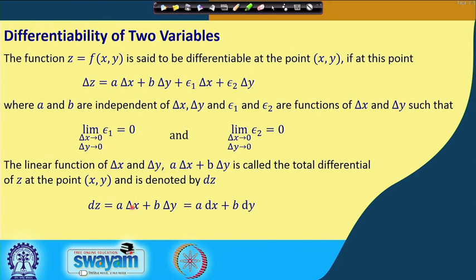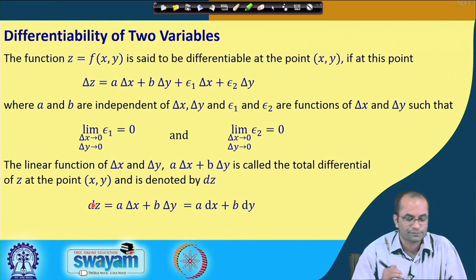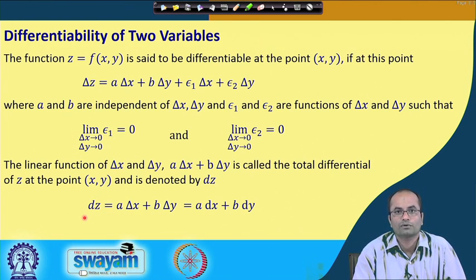Because we observed yesterday that delta x or dx are the same, since they measure the change in x, and in this case because we have two variables, delta x and delta y or dx and dy measure the change along the x and the y axis, while this delta z is the change in the function value, whereas this dz is different, which is the change along the tangent plane. In the case of one variable, it was along the tangent line.